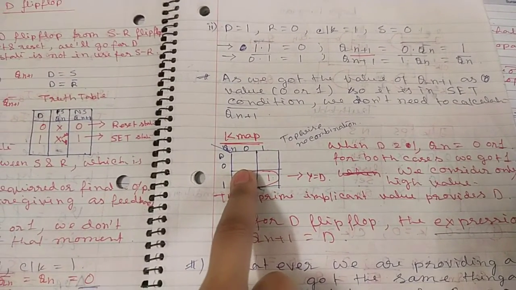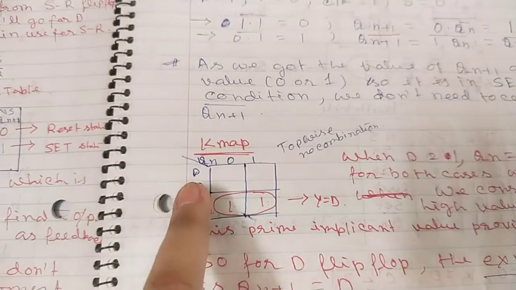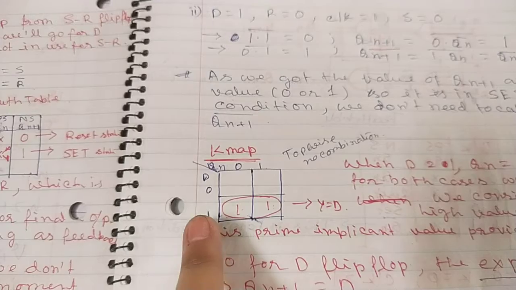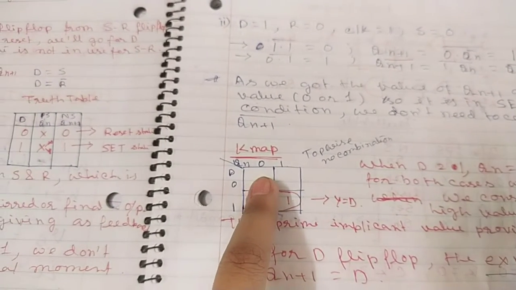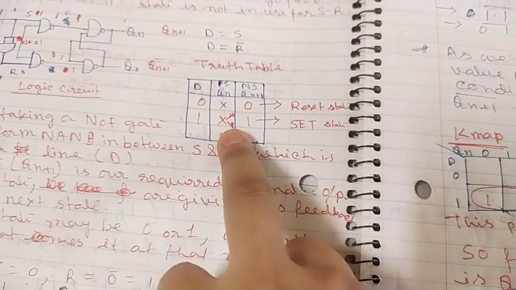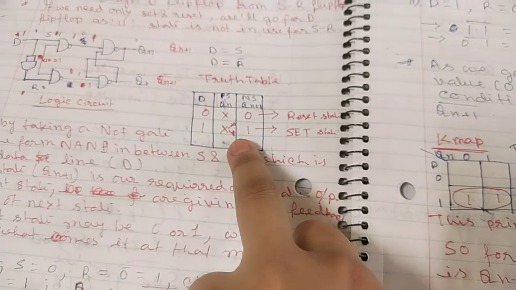So now we are considering only the K map. When we put the K map, this is D and Qn. The values of D may be 0 and 1, and Qn's values may be 0 or 1. The value of Qn, that is the present state value, may be 0 or 1, whatever.